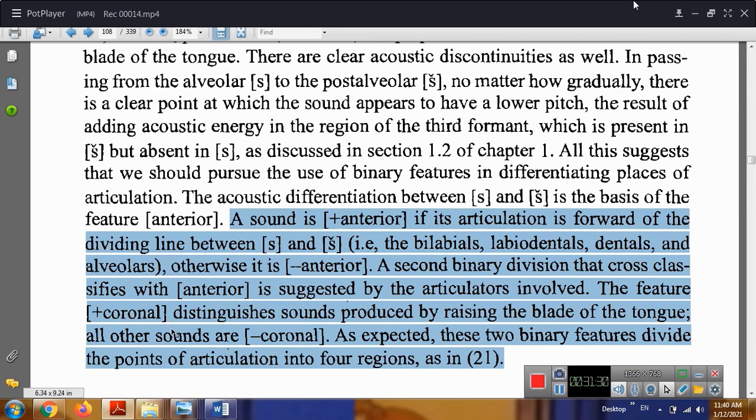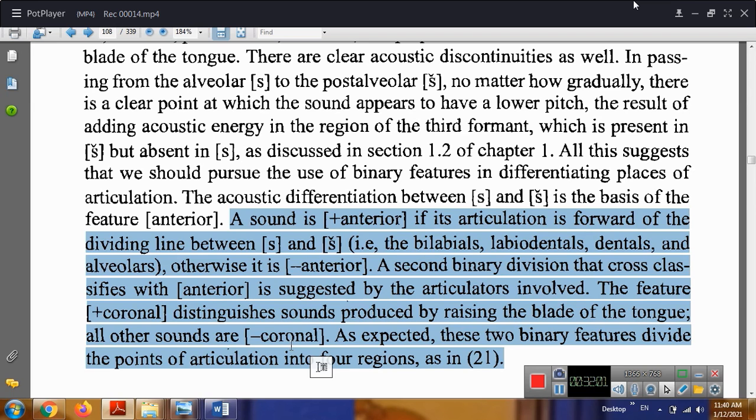The feature plus coronal distinguishes sounds produced by raising the blade of the tongue. All other sounds are minus coronal. When we produce a sound by raising the blade of the tongue, we consider it plus coronal, and when the sounds are not produced by the blade of the tongue, we consider them minus coronal.